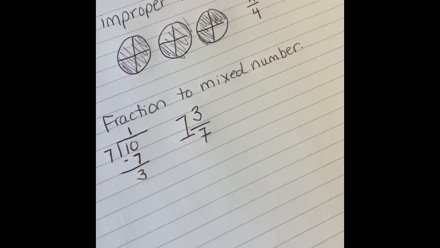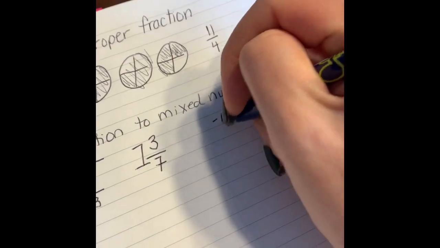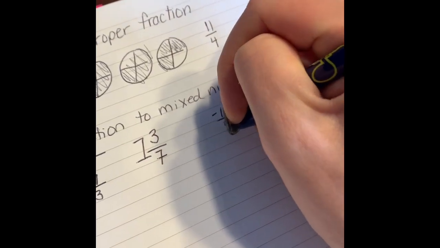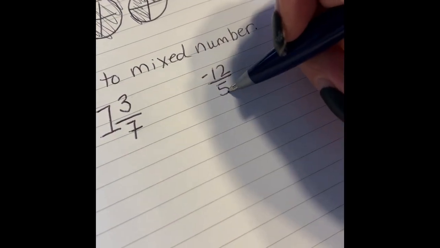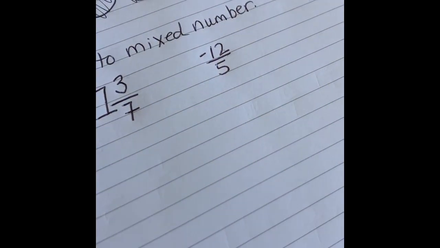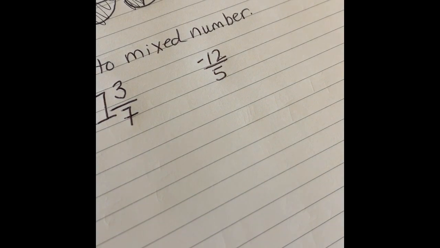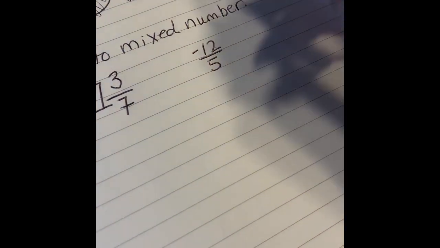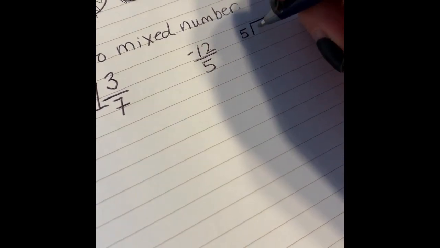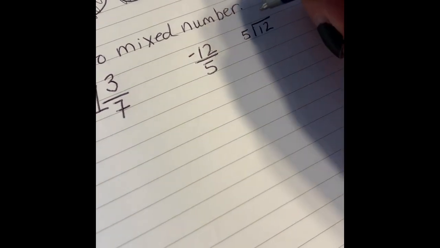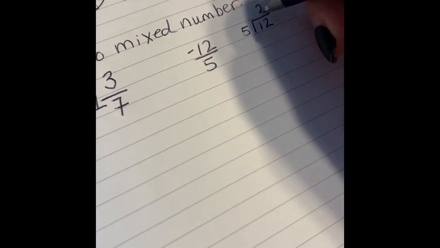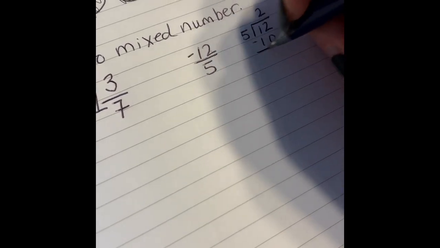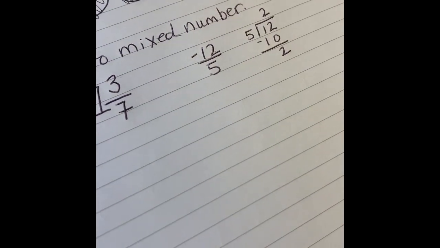If we try that with a negative number, it works the same way. So we ask, how many times does 5 go into 12? We can just ignore the negative for now. 5 goes into 12 2 times evenly. 5 times 2 is 10, and we have 2 left over.